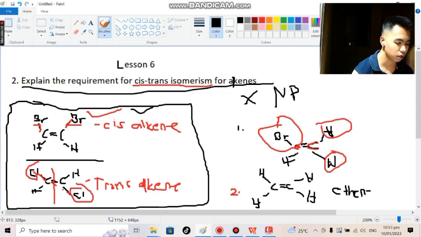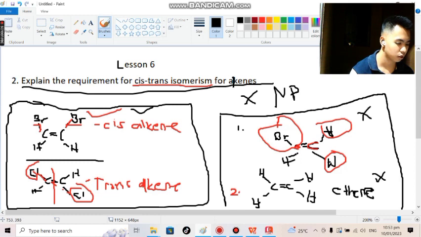Okay, this is an ethene. So is ethene eligible to have a cis or trans isomerism? Of course not. And the same as this.